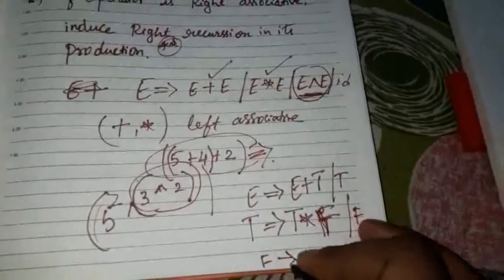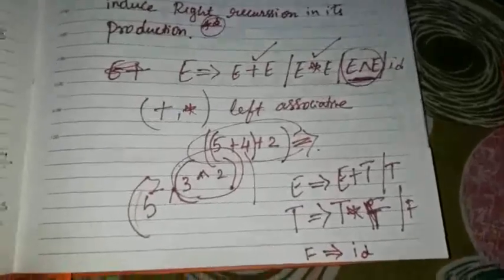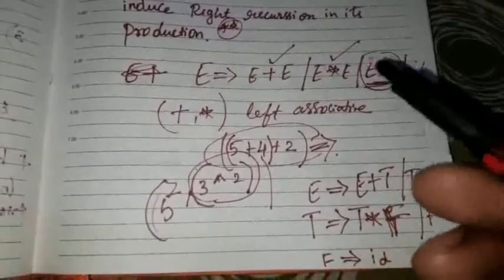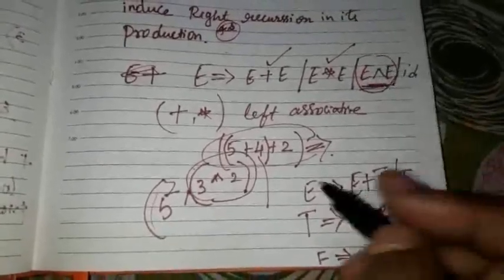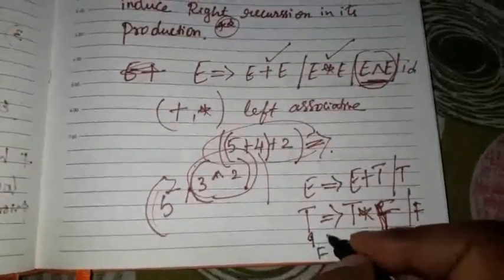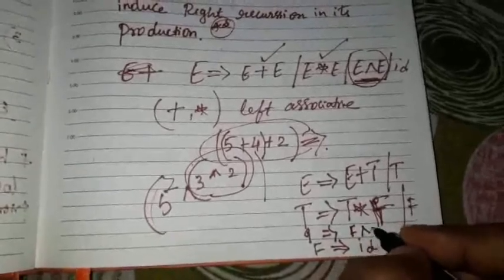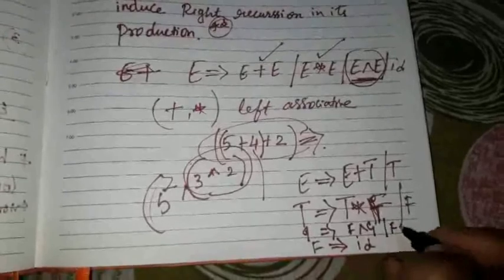F was ID for me, right? Now the new production to be added is for power, which is right associative. So here I'll write G tends to F power G bar F.